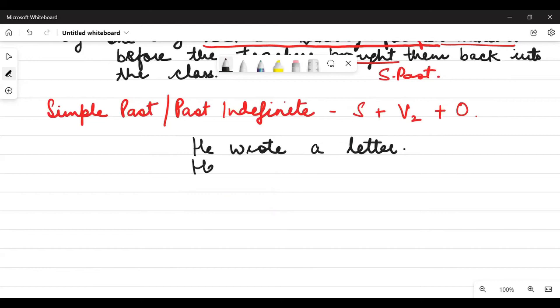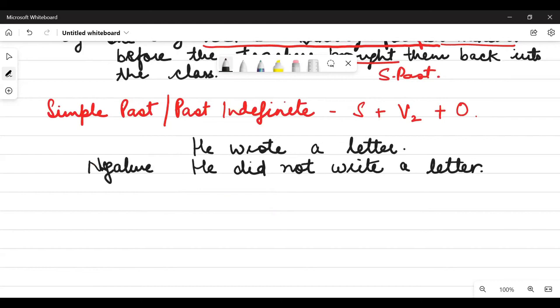If we have to make negative of it, it will be, he did not write a letter. So for making negative sentences in simple past tense, we use the verb did, which is the past form of do. And if we have to make a question of it, it will be, did he write a letter?